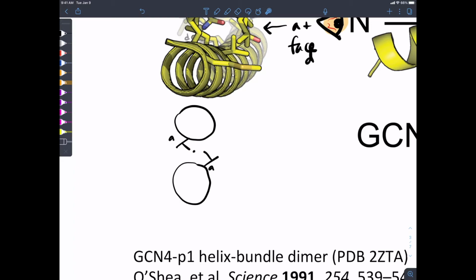And so the A positions in a dimer can accommodate that kind of steric bulk, but the D positions in a dimer tend to point straight out into the sequence such that if you had beta branching there would be a steric clash. So the shape of the dimer can accommodate beta branching at A, but not at D.